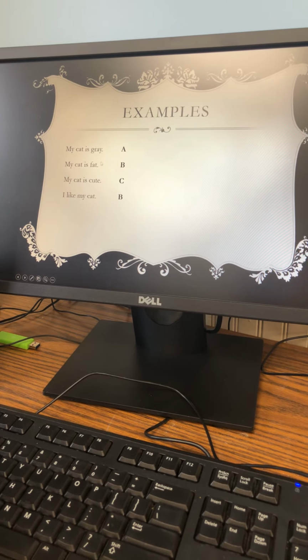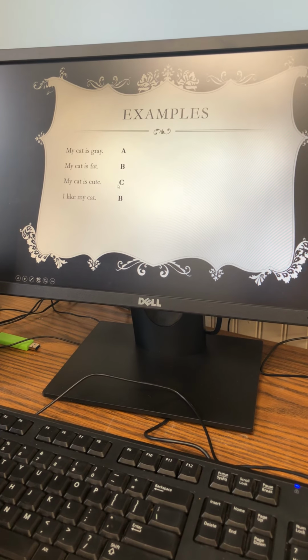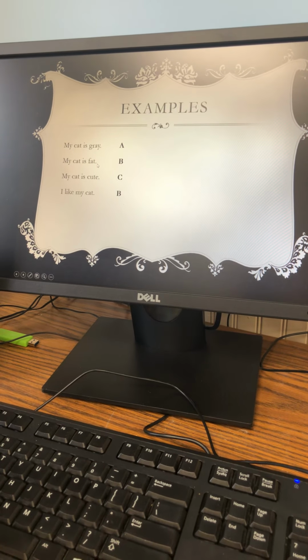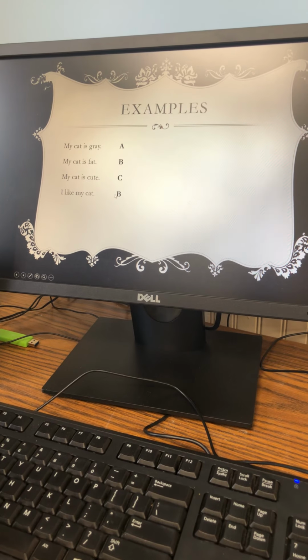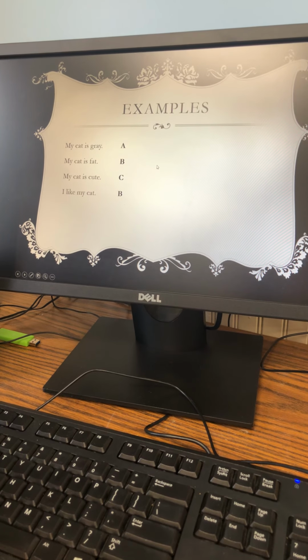Cute does not rhyme with gray or fat, so it gets the next letter in the alphabet, which is C. Your fourth line, cat. Cat does not rhyme with gray, but it does rhyme with fat, so you give it the letter B. So your rhyme scheme for this little poem would be A, B, C, B.